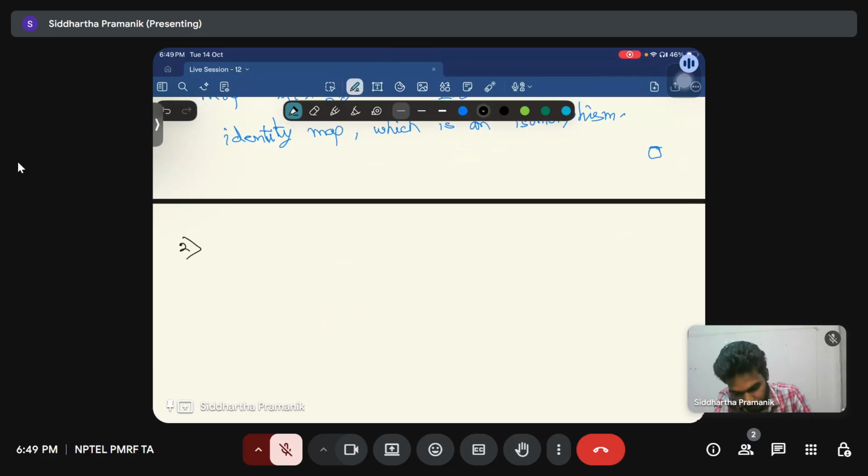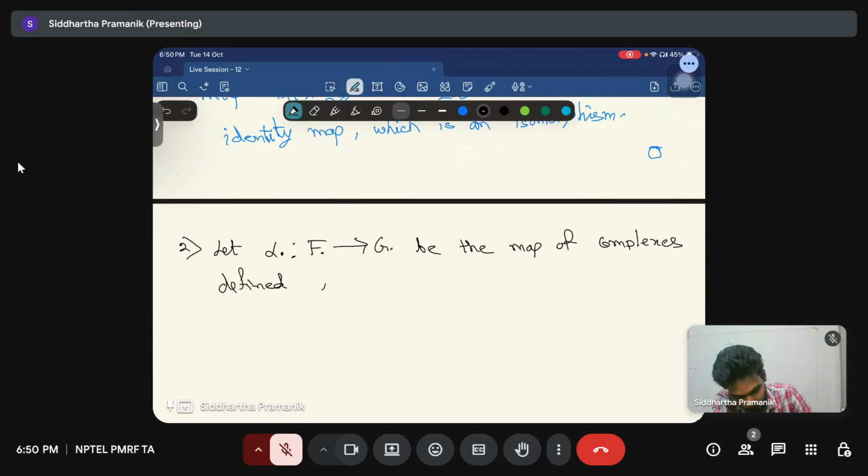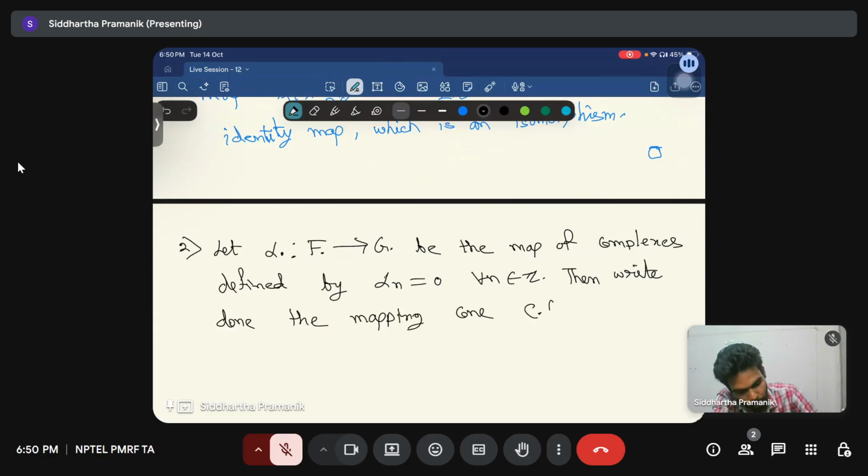Okay, I will use the same notations. So let alpha dot from F dot to G dot be the map of complexes defined by alpha n is 0 for all n belonging to Z. Then write down the mapping cone C dot of alpha dot.